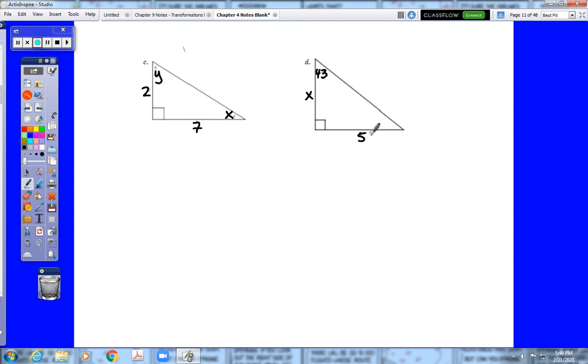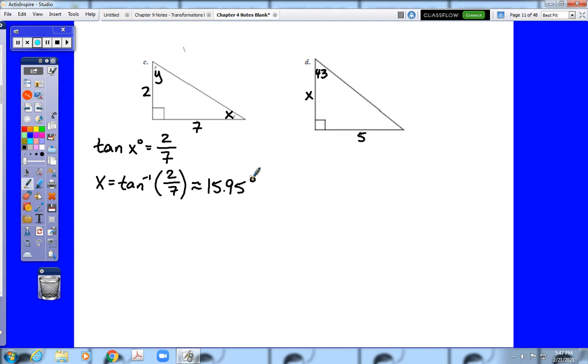So in the first one, let's say we do x first, we would say the tangent of x degrees is opposite over adjacent, or 2 over 7, which means x is the inverse tangent of 2 over 7, which would be 15.94 degrees. Let's go 15.9 degrees, because it's 15.945.